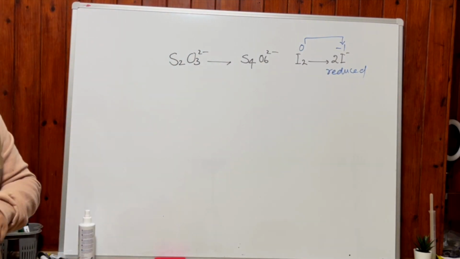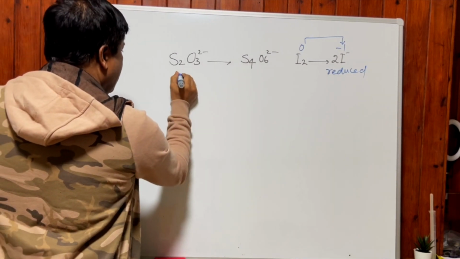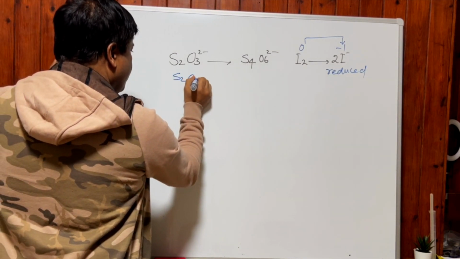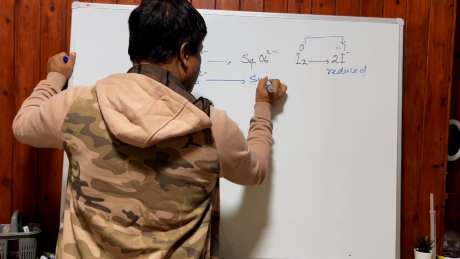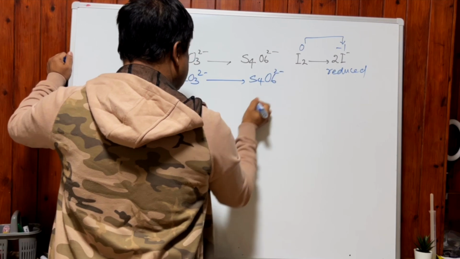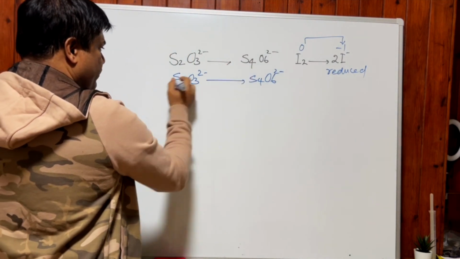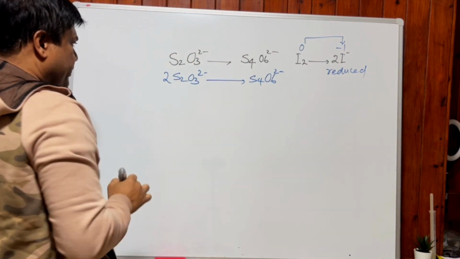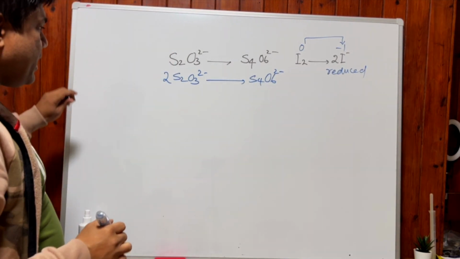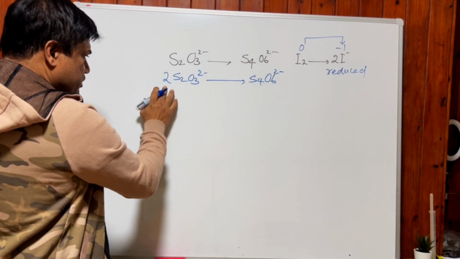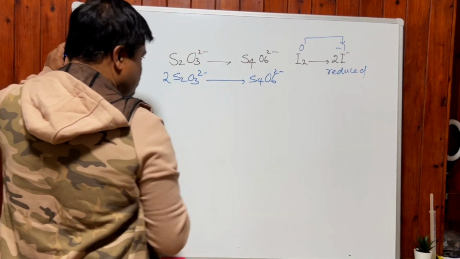Look at that. Sulfur: S2O3 2 minus becomes S4O6 2 minus. How many sulfur? 4 sulfur here, 4 sulfur here. Now look at the oxygen. 2 times 3, 6 oxygen.